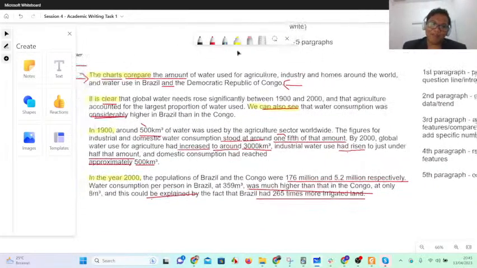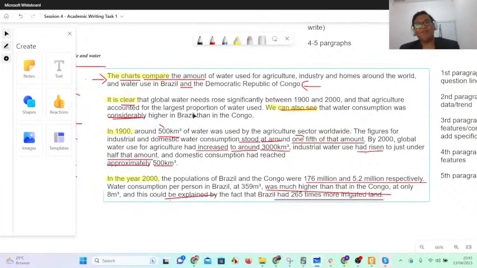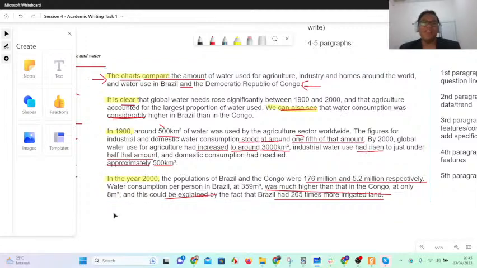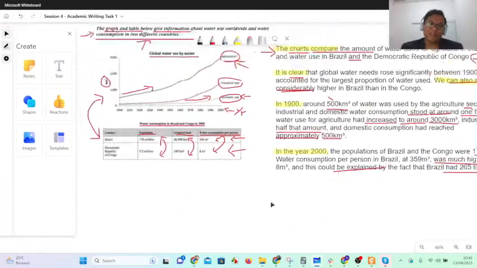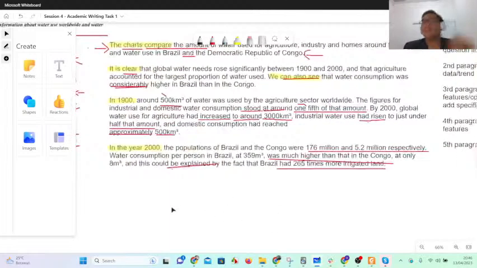So the second paragraph talks about how global water needs rose significantly between 1900 and 2000. Maybe you talk about the opposite side. So overall, agriculture outpaced domestic use, and the Republic of Congo is way behind Brazil in numbers, something like that.